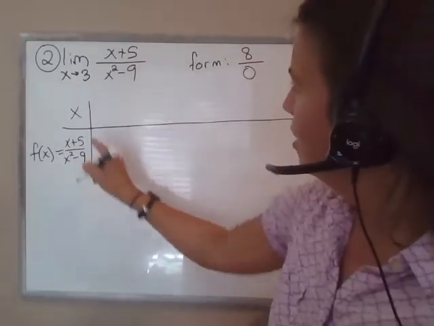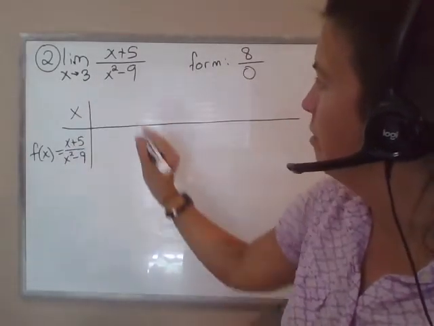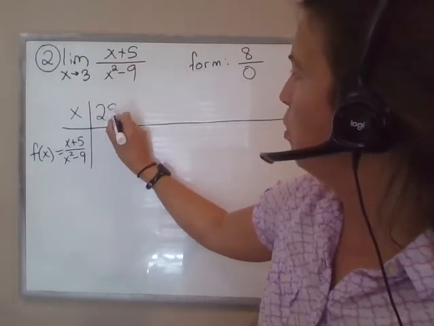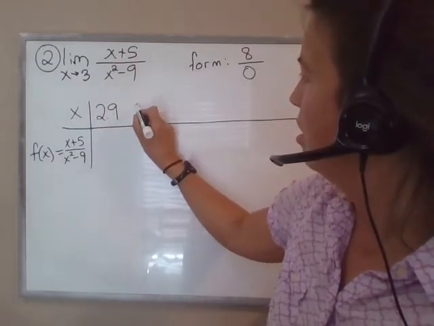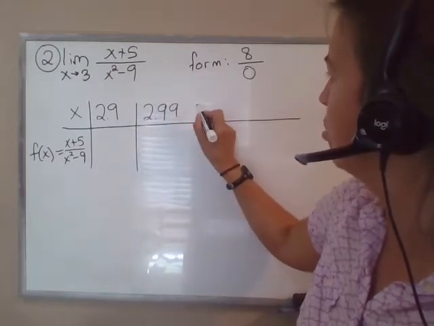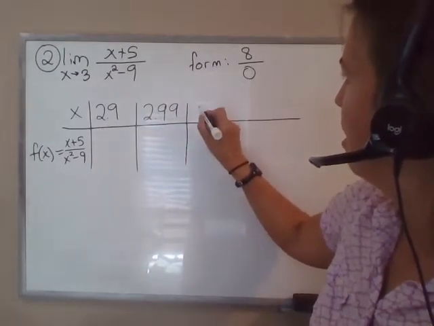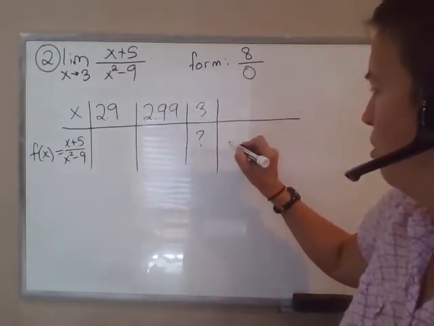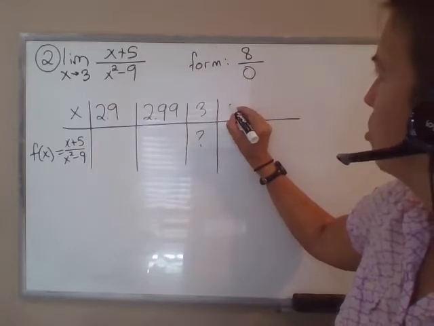Okay, so we would pick values close to 3 on either side of 3. So let's do 2.9, 2.99. I'm just going to do 2 values on either side. So we've got 3 here, which we're trying to think about what the y values are approaching as we get close to 3.